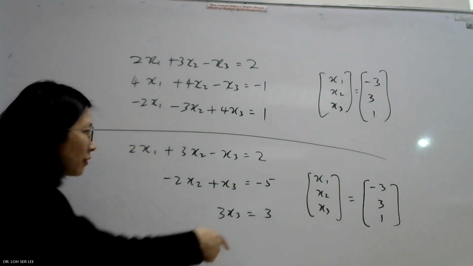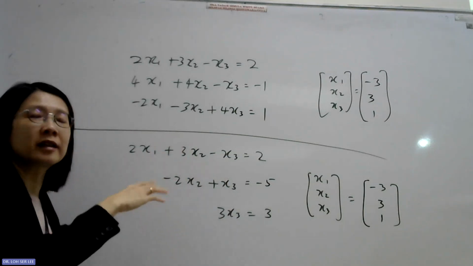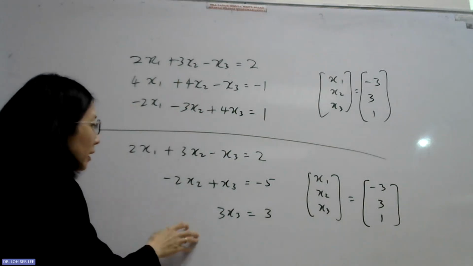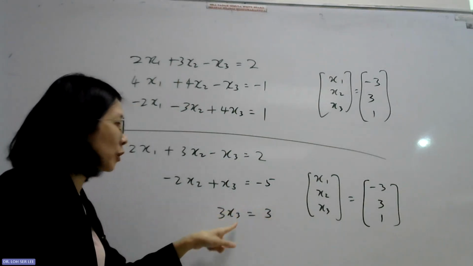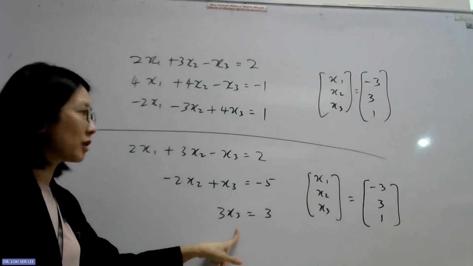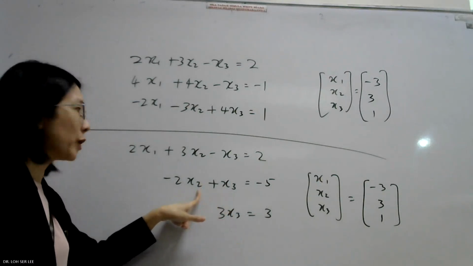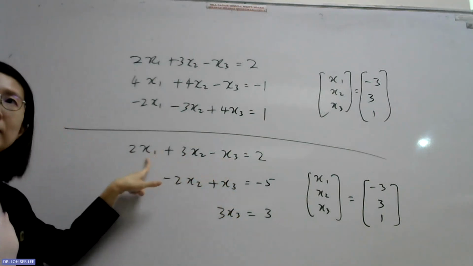So when you have a simpler linear system compared to the original one, from here we know what x3 is. If you know x3, we know x2. When you know x3 and x2, you know x1.